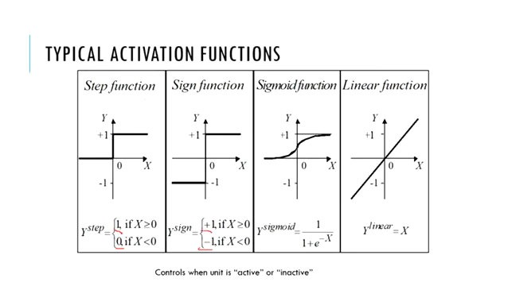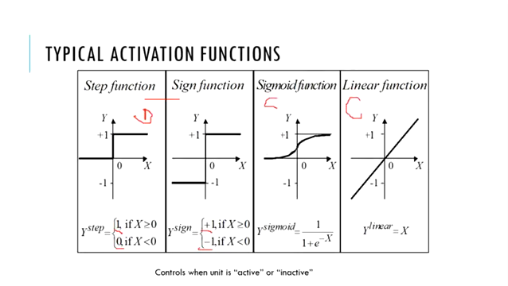Then there is the sigmoid function. The sigmoid function is different from the step and sign function because both of these are discrete functions. Okay? These are discrete functions, whereas the sigmoid function is a continuous function. And again, the linear function is also a continuous function.